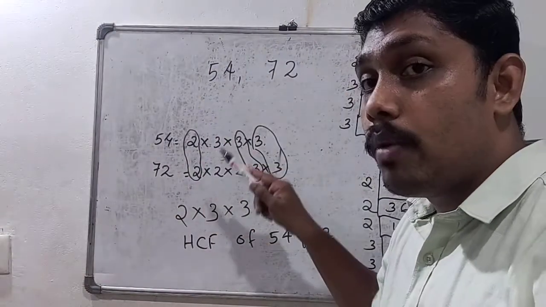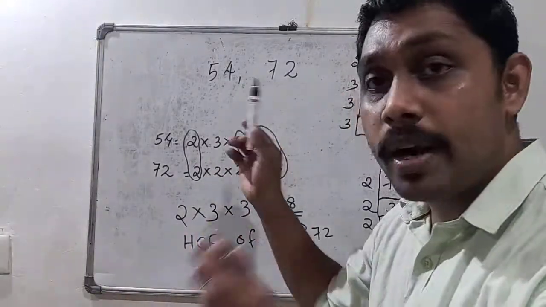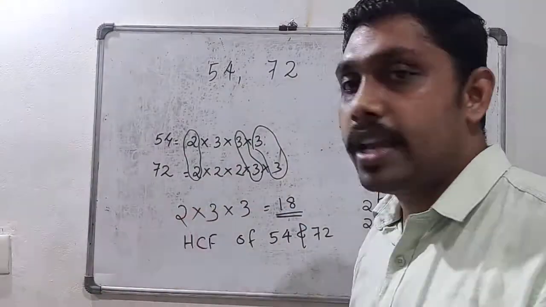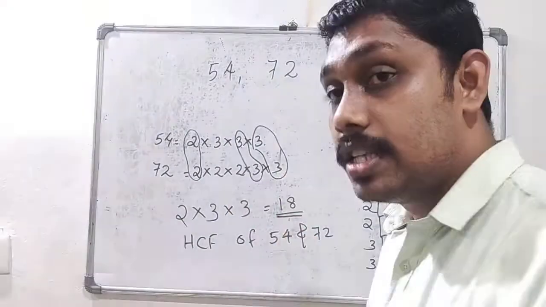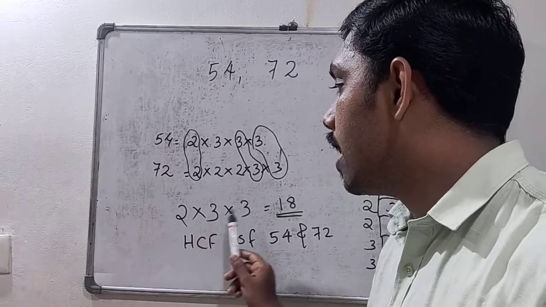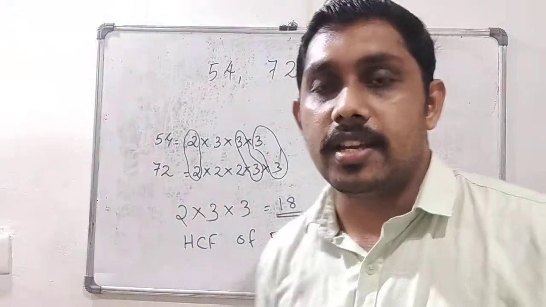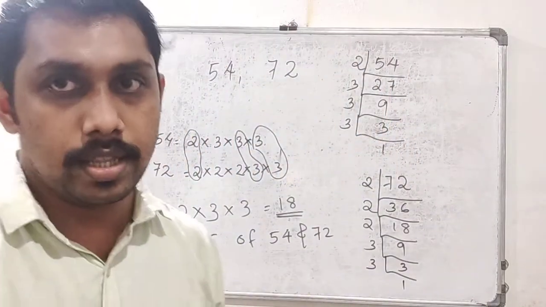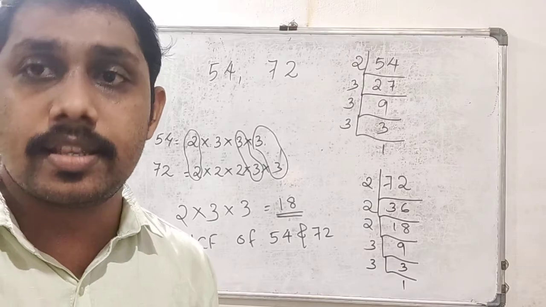Then we need to know which numbers are common in them. 2 is common, one time. 3 is common, two times. So we take the numbers 2, 3 and 3 and multiply them, and we get the answer 18. So this is the first method for finding HCF. Let's do another example.